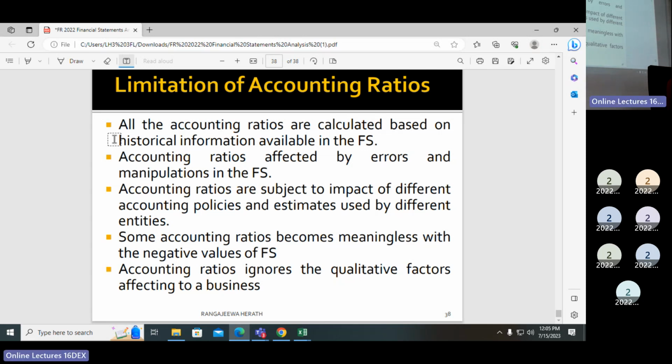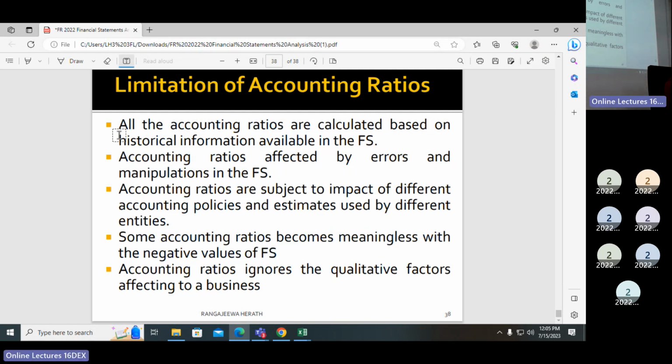Then accounting ratios are subject to the impact of different accounting policies and estimates used by different entities. Now this is applicable when you are comparing two entities. Now an investor compares the calculated ratios of two entities. අපි the earning per share කියනවා. So you calculate based on the profit divided by the number of ordinary shares. In profit calculation, different entities might use different accounting policies and estimates.